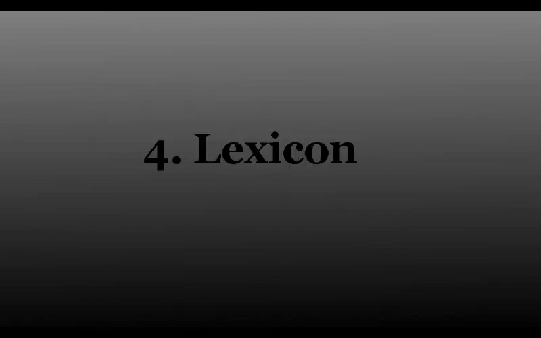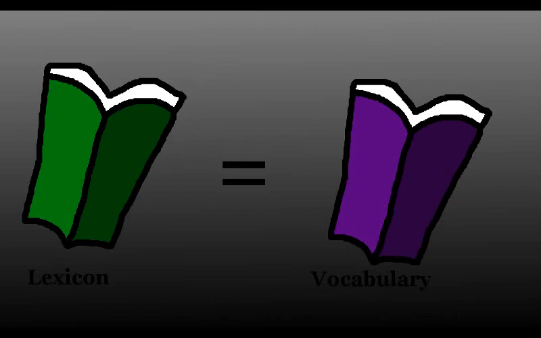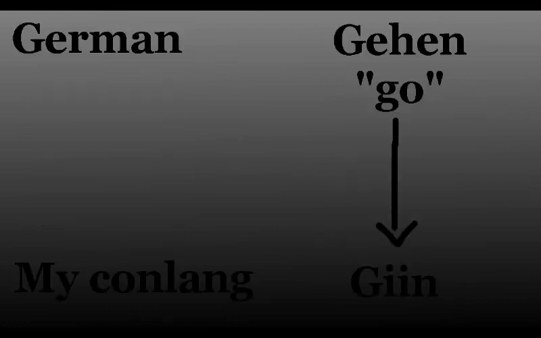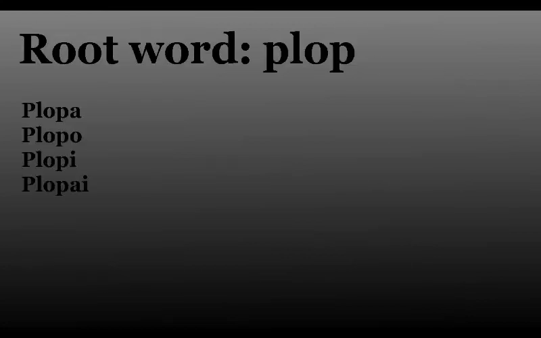Number 4, lexicon. A lexicon is essentially just a fancy linguist term for a vocabulary. So, now it is time to make words. There's no right way to make words, but this is what I like to do. Base words on other existing languages, make root words which are made by attaching some sort of affix to them, which is a little piece you attach to words, like "un" and "able" in "unbelievable."